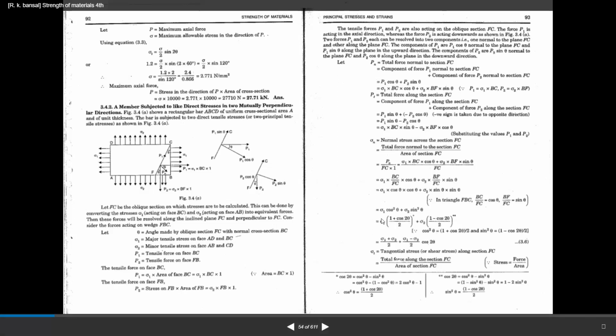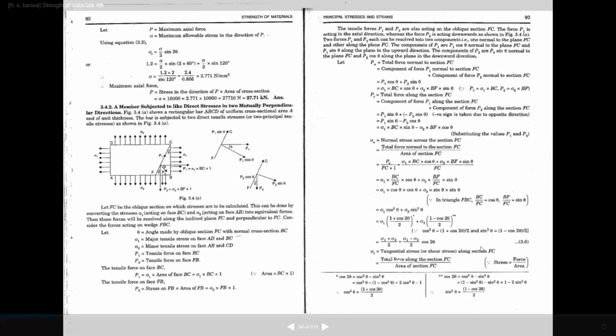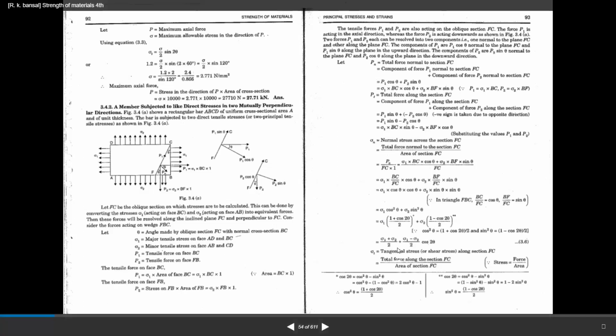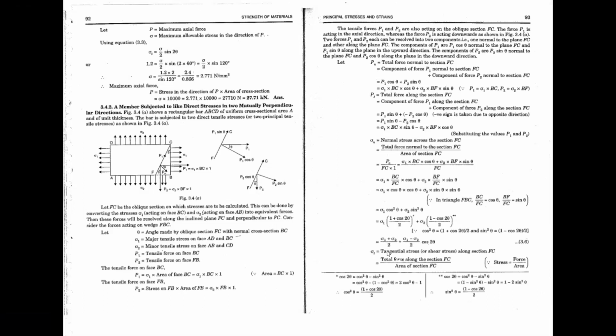Substituting these values, sigma n equals sigma 1 plus sigma 2 by 2 plus sigma 1 minus sigma 2 by 2 into cos 2 theta. Finally, this is equation 3.6, and next we calculate the value of sigma t, the tangential stress.